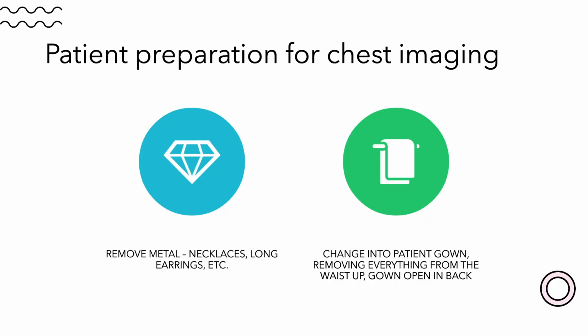They should also take off any bras with underwire. And sometimes you'll have to kind of inspect the clothing too. There will be random zippers or random kind of bejeweled elements of the shirt or jacket, whatever they're wearing. If there's anything metal at all, it's safer to take that off and have them put a gown on.